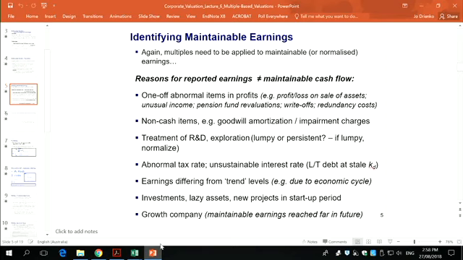Some of the companies have regular impairments. Correct, good question. For those listening, the question is, what if the company that you're valuing has impairment every single year? If it has it every single year, then it's not a one-off adjustment, and you don't need to do this for that company, right?